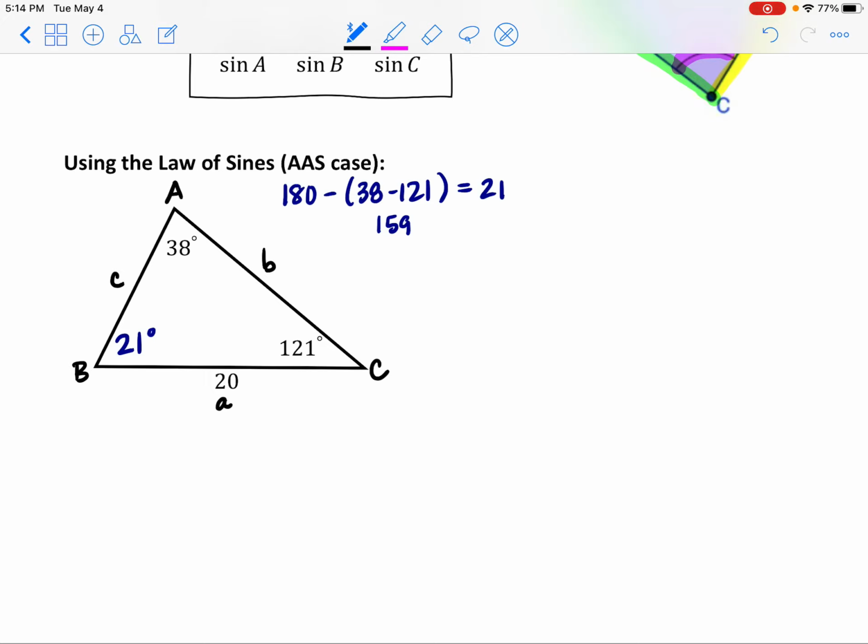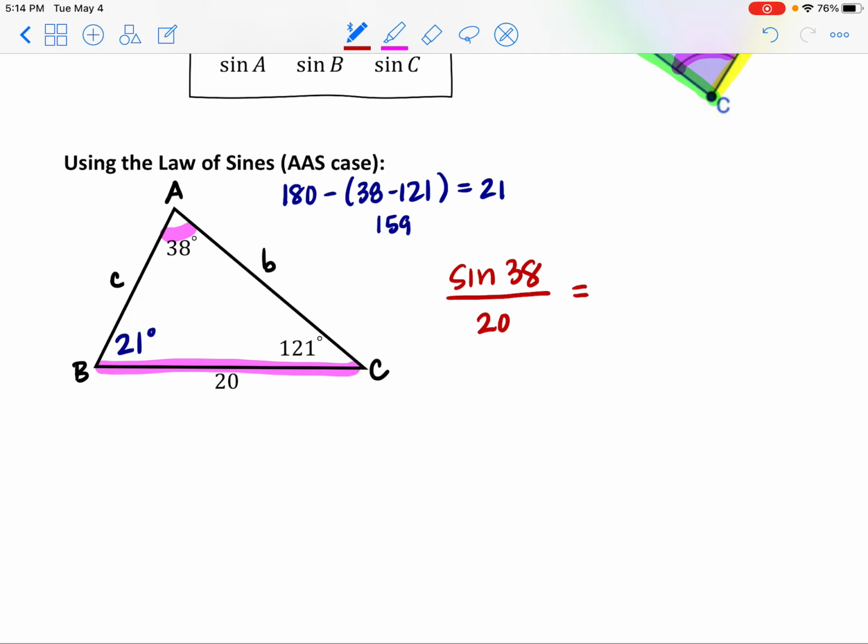Now, when I write my first one, or one of the ones that I'm going to use to solve for something that's missing, and I'm going to actually take the label off of A because it's not missing, we already know it there. I want to use a complete fraction. So, for instance, I know the angle that's here and I know the side that's here. So I can use a fraction of the sine of 38 degrees over the side length of 20.